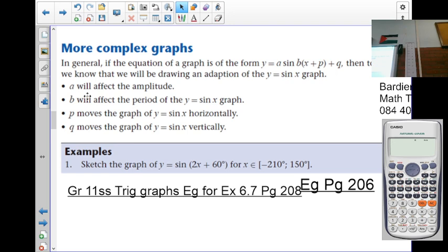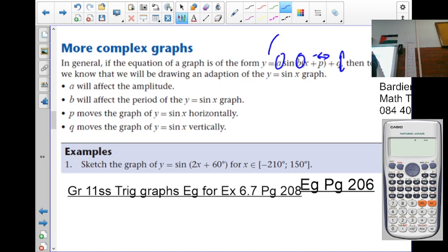A affects the amplitude, b affects the period of the sine x graph, p moves the graph of sine x horizontally, and q moves the graph of y is equal to sine x vertically. So that basically moves the graph up and down. P moves the graph left to right, but it's the additive inverse thereof. And b is the period of the graph, and a tells you from neutral to your maximum how high that is.